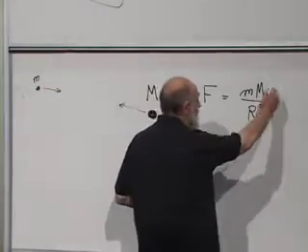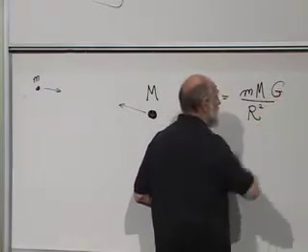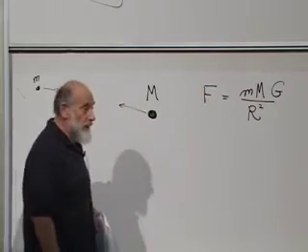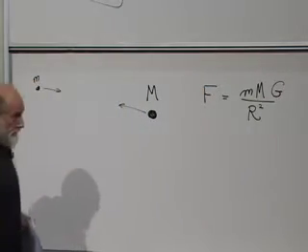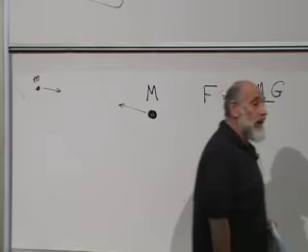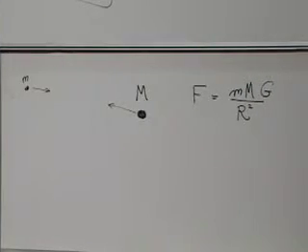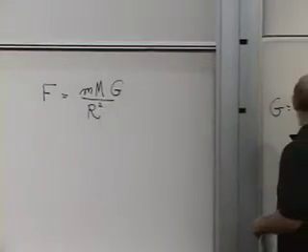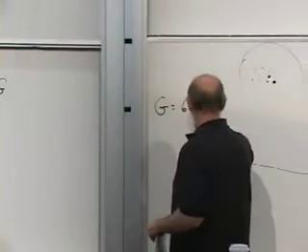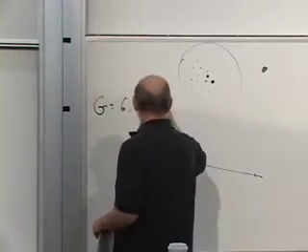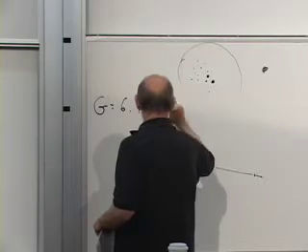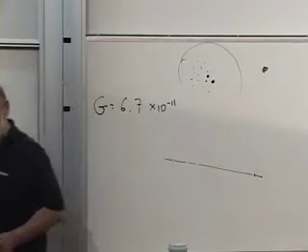And that numerical constant is called capital G, Newton's constant, and it's very small. I'll write down what it is. G is equal to roughly 6.7 times 10 to the minus 11th, which is a small number.